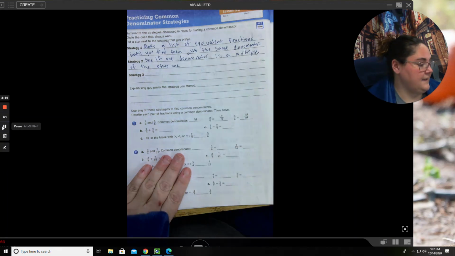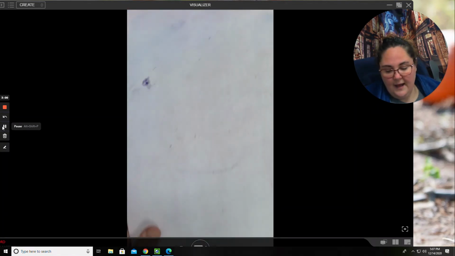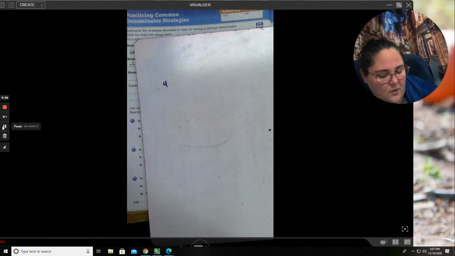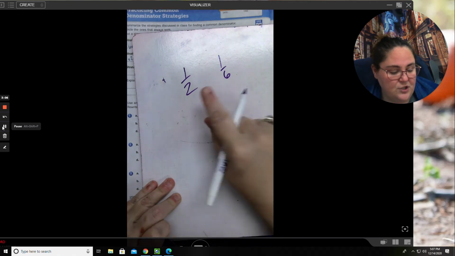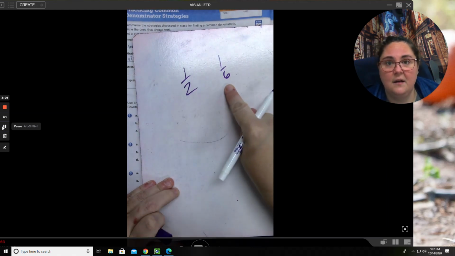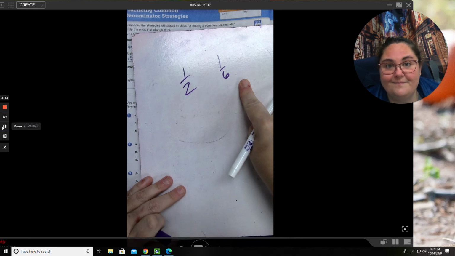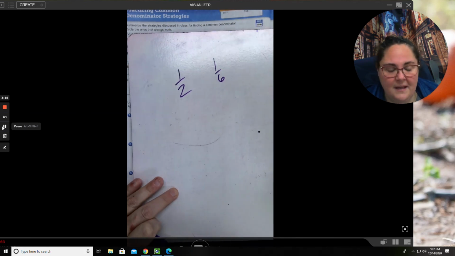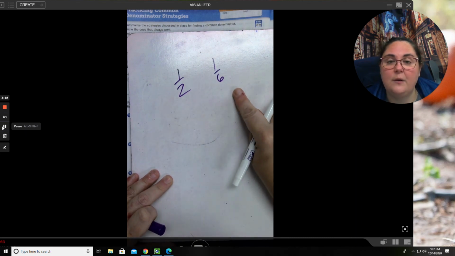This is pretty evident if you look at fractions like 1/2 and 1/6. I can tell you that 2 goes into 6 really easily. And since 2 goes into 6, I'll only need to change one fraction. Okay, that's what that means. Does one fraction's denominator go into the other denominator equally?